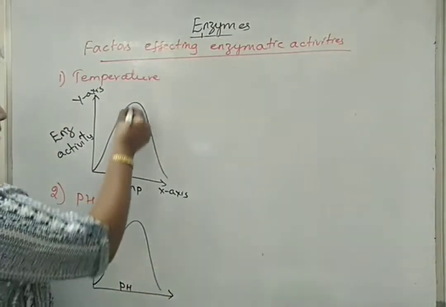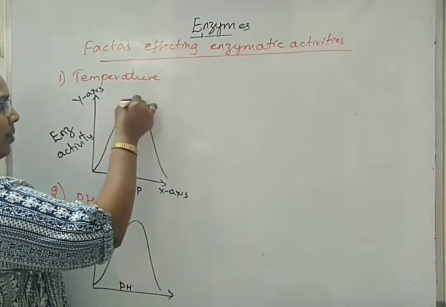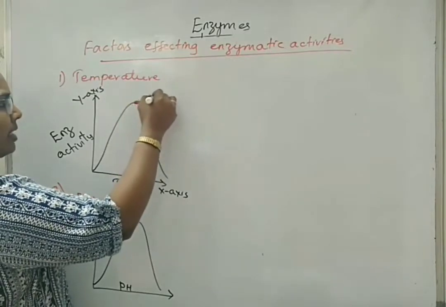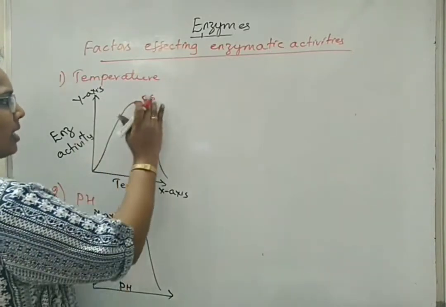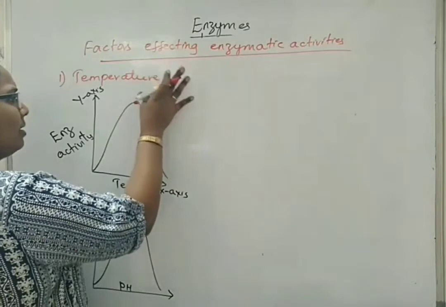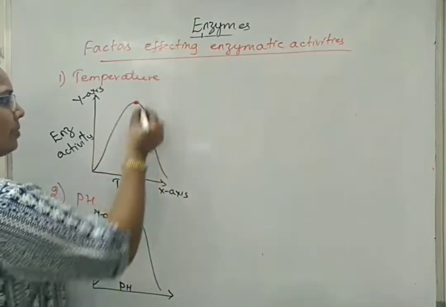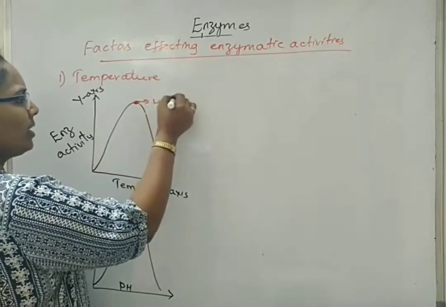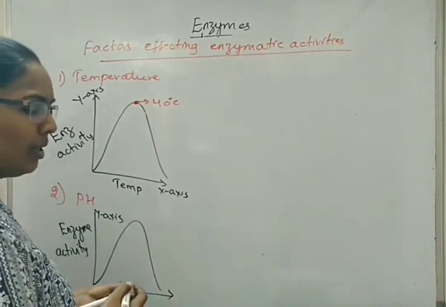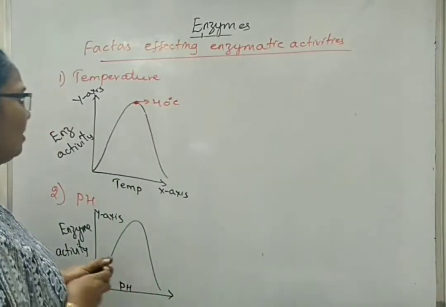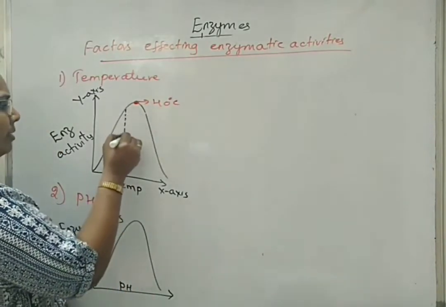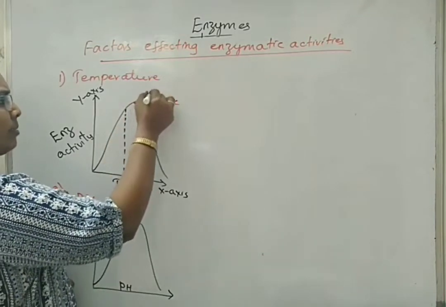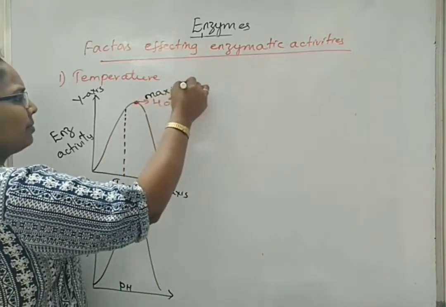In the graph, this point has the enzyme substrate complex, and is considered the maximum active condition of the enzyme. By 40 degrees centigrade, the enzyme is very active in giving out the products.